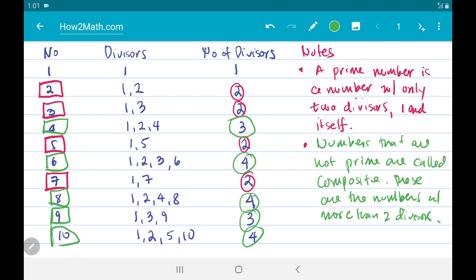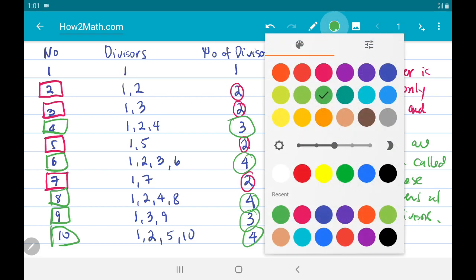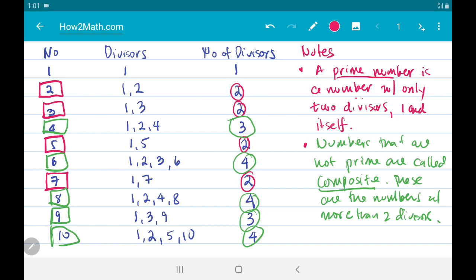So it does not belong to the prime numbers, and it does not belong to the composite numbers. So 1 is special, and 1 is not prime. 1 is not composite.